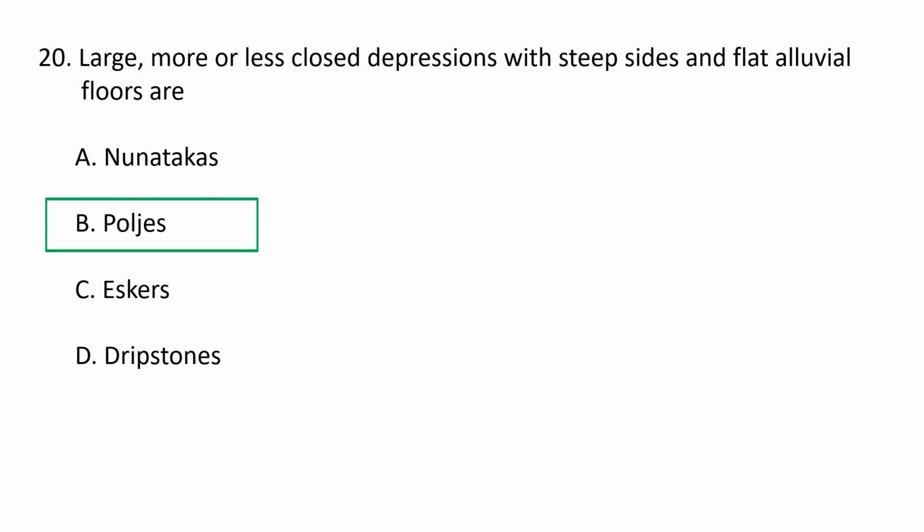These can be several miles, even a few tens of kilometers long, and superficial deposits tend to accumulate along the floor. So large, more or less closed depressions with steep sides and flat alluvial floors are known as polje.